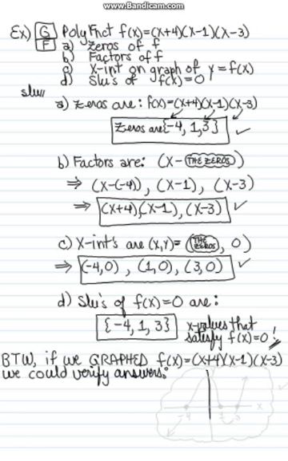They're the x values of the x-intercepts of the graph of y equals this polynomial f(x). So you would see, if we graphed it on a graphing calculator, we're going to cross the x-axis or kiss it at negative 4, 1, and 3. And our graph would actually look like this. See, that picture would just verify that we have the correct answers here.